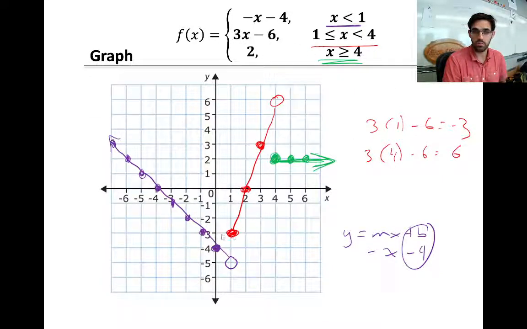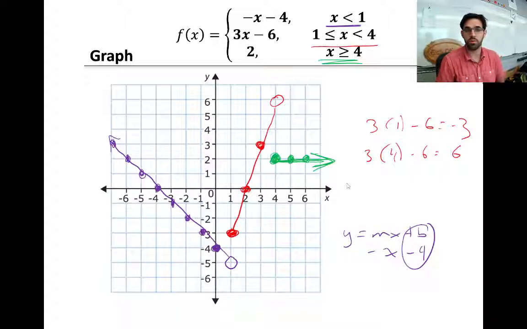So (1, -3) is the starting point. If I plug in 4, I get 3 times 4 minus 6, which is positive 6. So (4, 6) is the other endpoint. With the starting point and the end point, and knowing it's a linear equation, I could just draw a straight line and I would have that segment of the piecewise function.